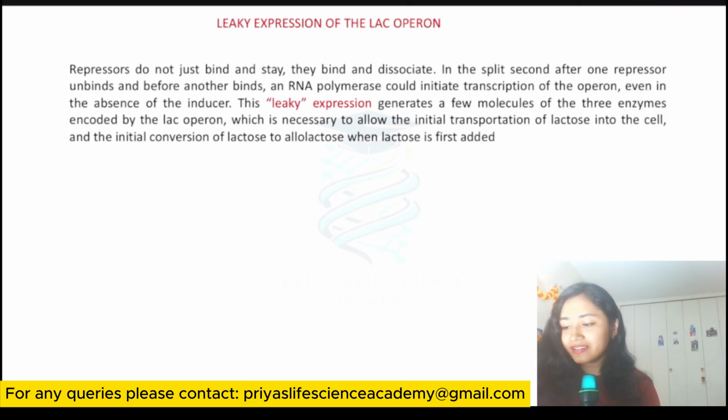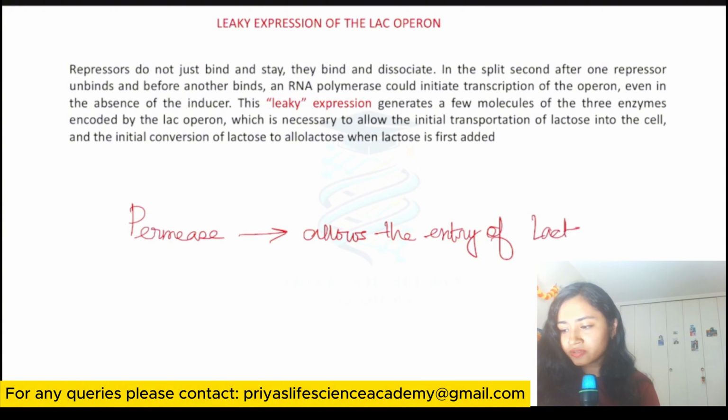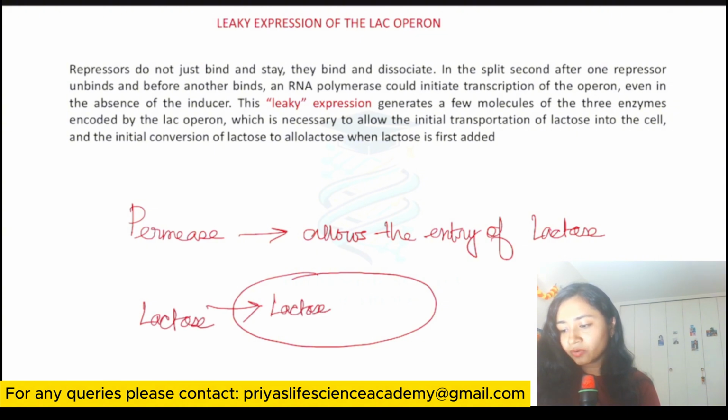Because we know that permease allows the entry of lactose inside the cell. So suppose this is the bacterial cell membrane, and lactose can be incorporated only when permease is made.